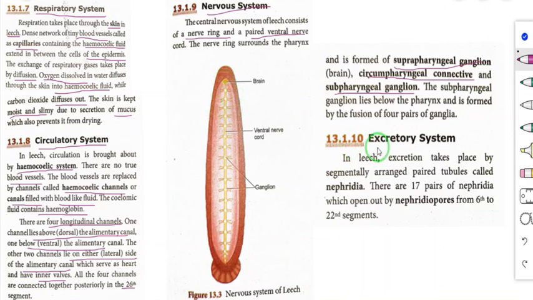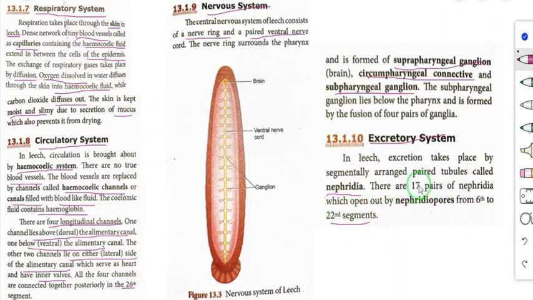The next one is excretory system. In leech, excretion takes place by segmentally arranged paired tubules called nephridia. There are 17 pairs of nephridia which open out by the nephridiopores from the 6th to 22nd segments.